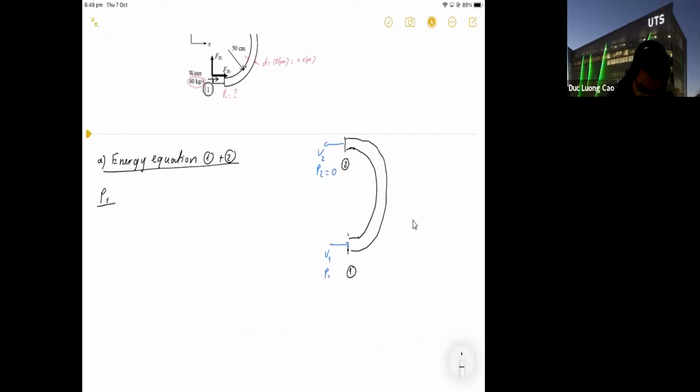The equation is P1 over rho g plus V1 squared over 2g plus Z1, plus the pump head added. Between 1 and 2 there is no pump and no fan, so that is 0. This equals, on the right-hand side, P2 over rho g plus V2 squared over 2g plus Z2. There is no turbine between 1 and 2, so ignore it.